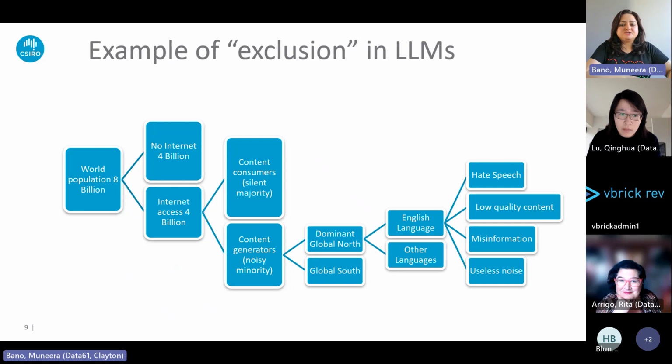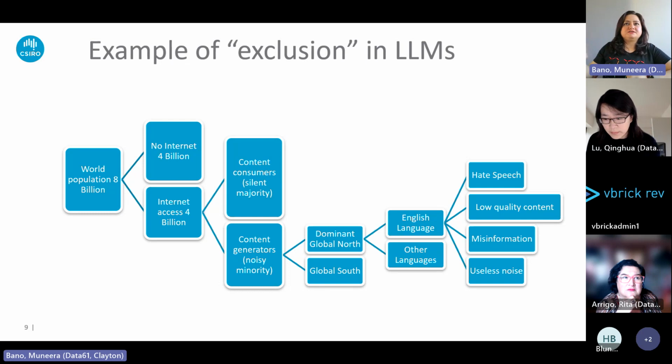English is the dominant language there, and whatever is available in that language is not of optimal quality to be used for training an algorithm that is to be set out to make decisions or to be employed in other scenarios, because of all the hate speech, low quality content, misinformation, and useless noise.